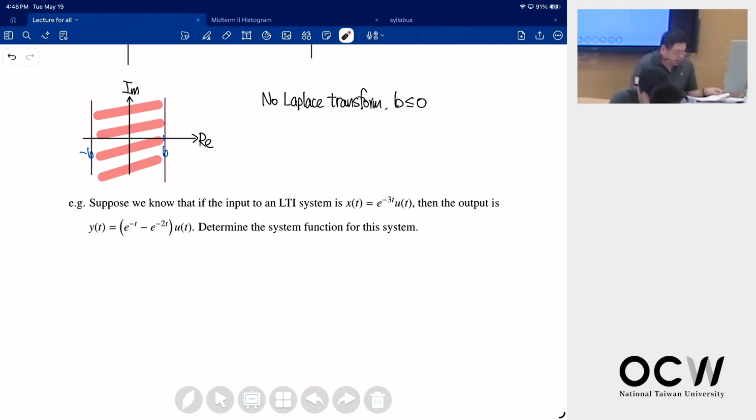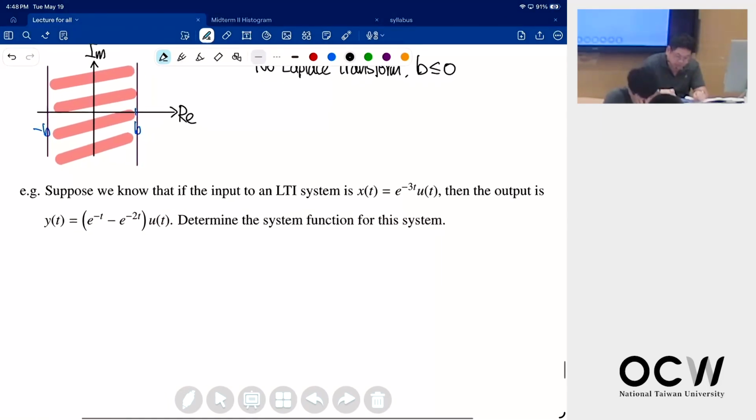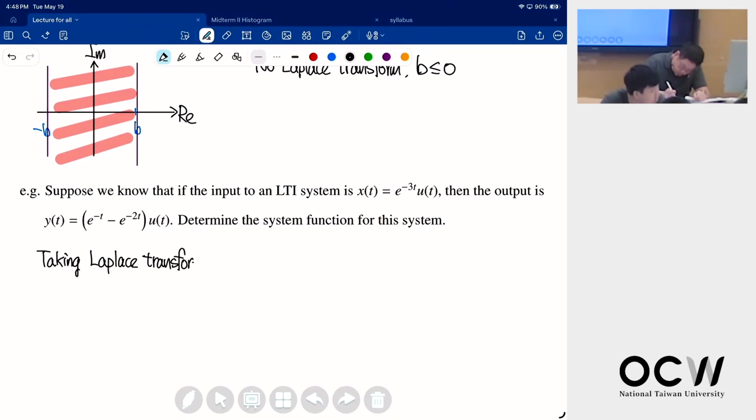In this case, first we can take the Laplace transform. For the input, the transform is 1 over s plus 3, and the region of convergence is s greater than minus 3.